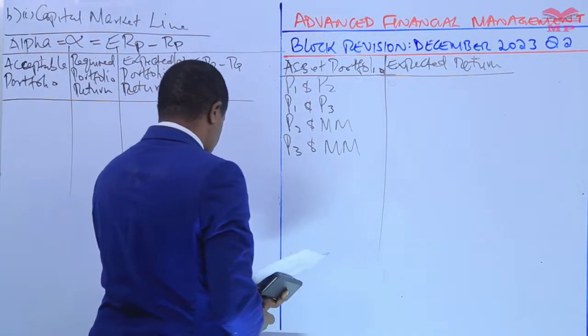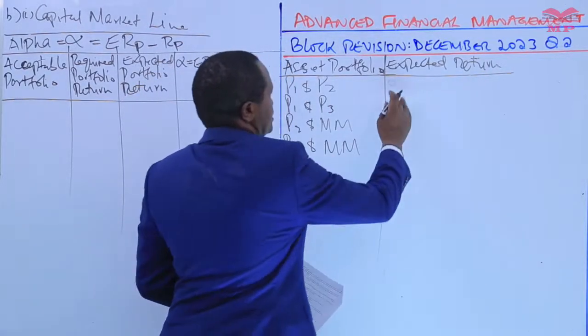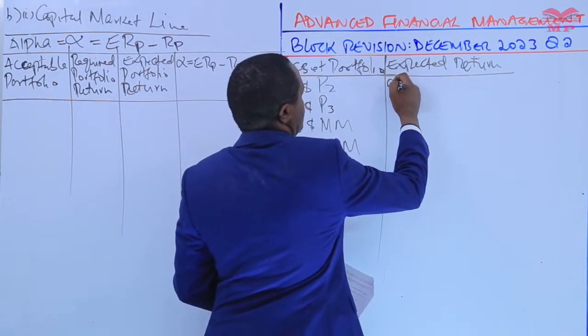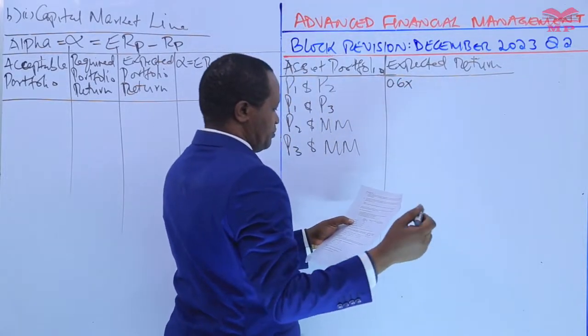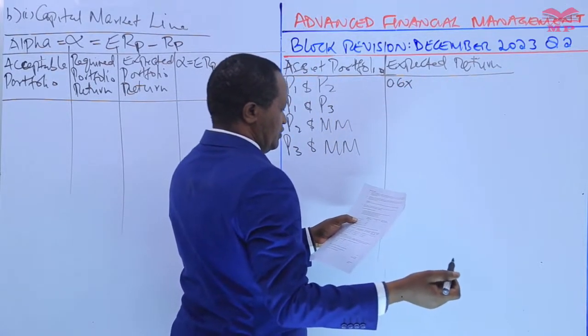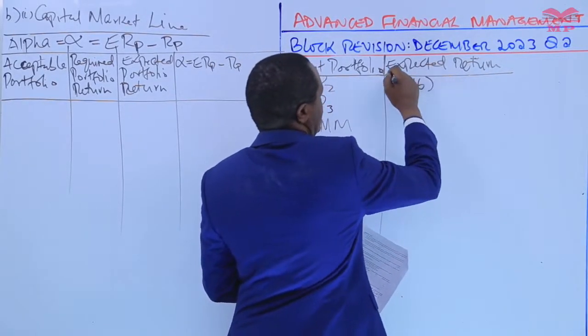0.6 times project P1's forecasted rate of return, which is 16%.